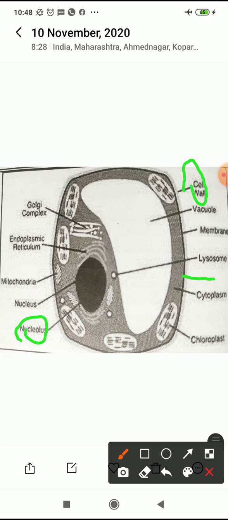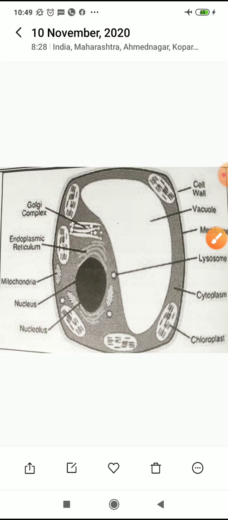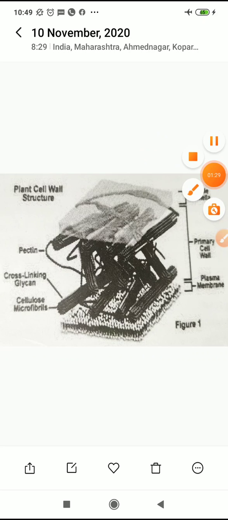Main one is a nucleus, then large vacuole somewhere here, and other cell organelles they are there.